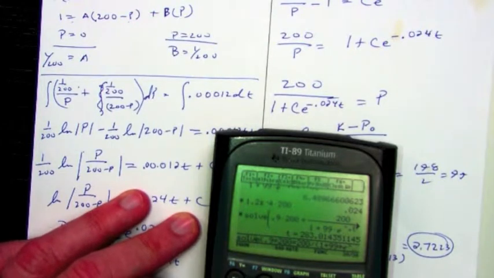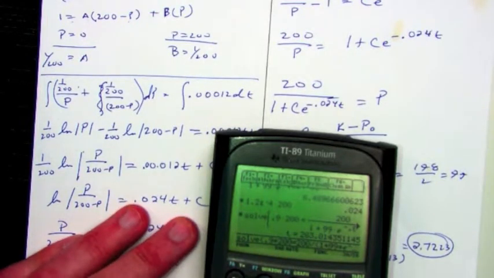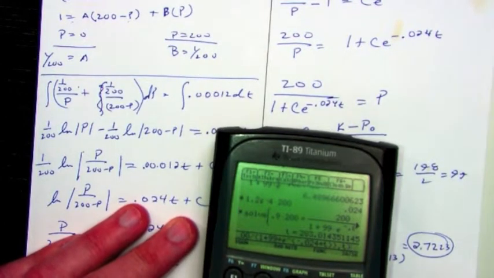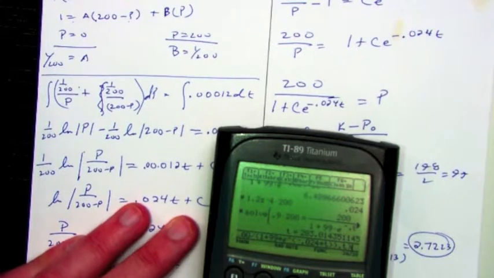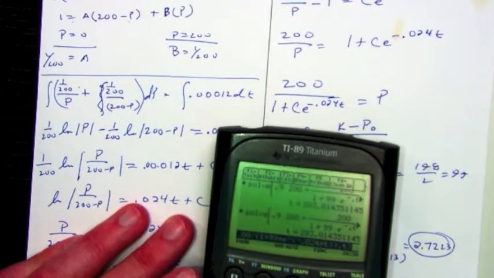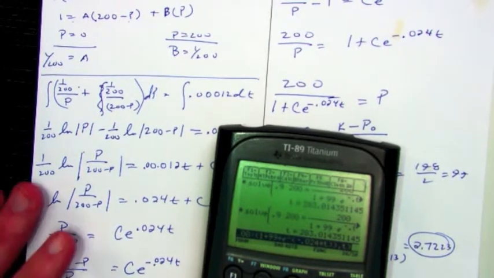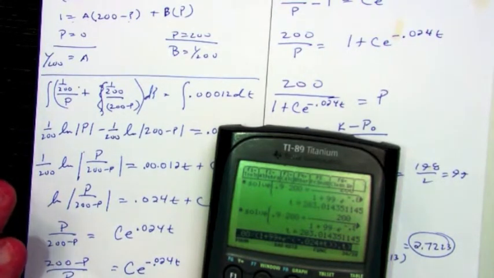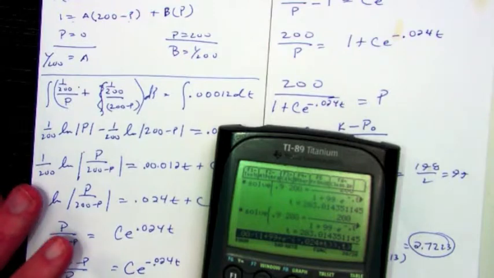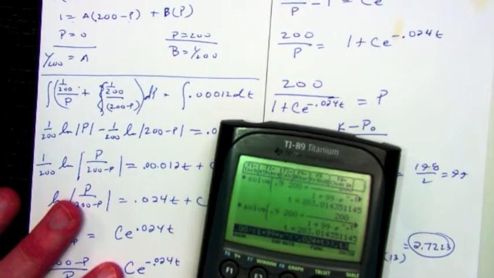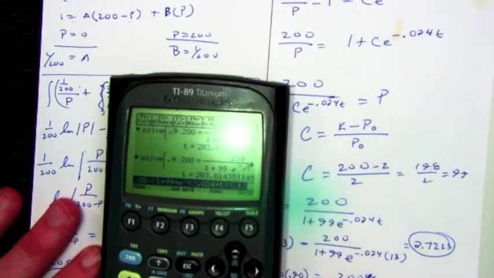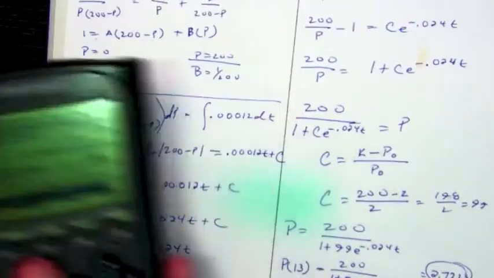Then I went back down here and said solve it for t, and lo and behold, I got 283 years, which is obviously a problem. That means that would happen in year 2283, which we all know DVDs will be long gone and dead by that time. So anyway, that works out to be 283 years, which does not make a lot of sense, but it's really the mechanics of going through it.